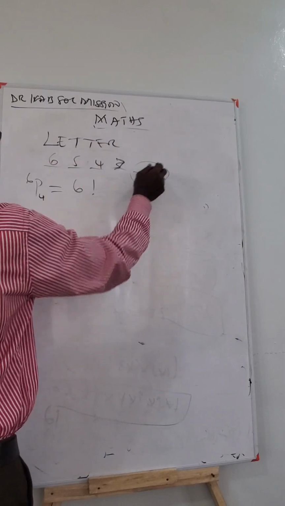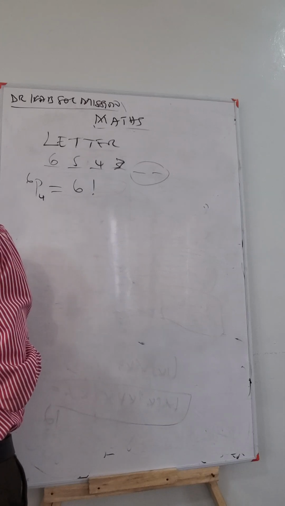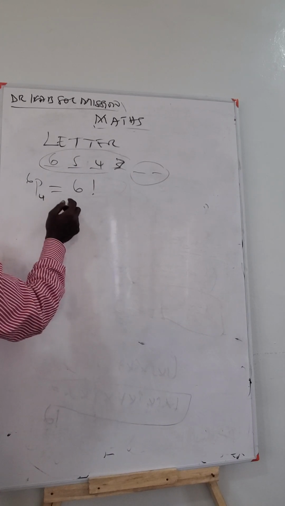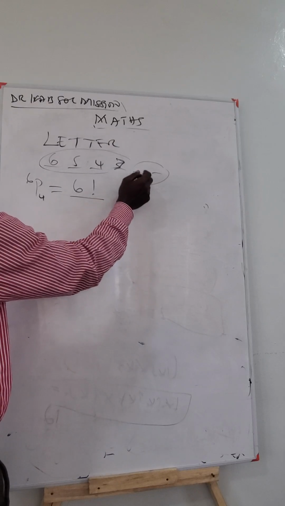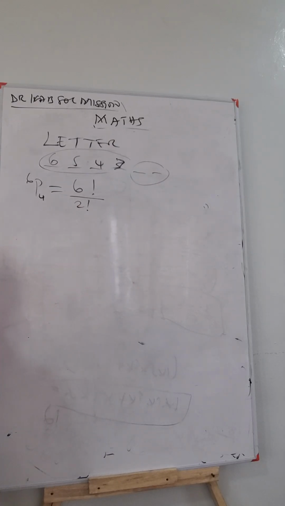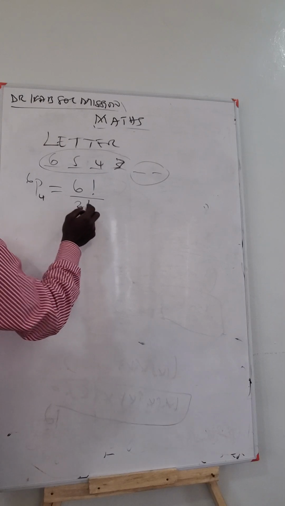But we have these 2 spaces not taken care of. Okay, so how can we get the same answer from this formula? You realize that we have to divide here by the last 2 factorial. Okay, good. And that will give us this.